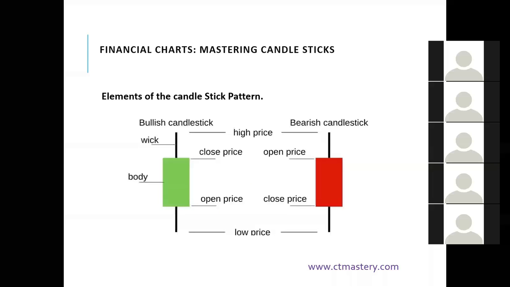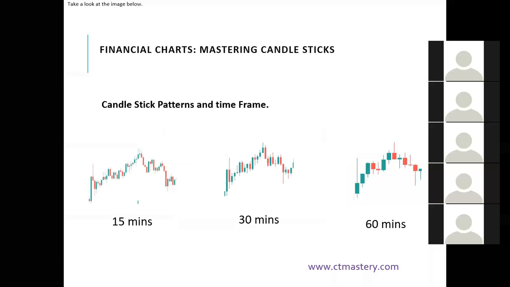So I believe we all understand the basics: when a candlestick is bullish and when it is bearish, and the anatomy of the candlestick, which is the body, the wick, the closing price, the open price, when the candlestick is green, and when it is red. We also see that a green candlestick can be represented by white, while the red can be black.